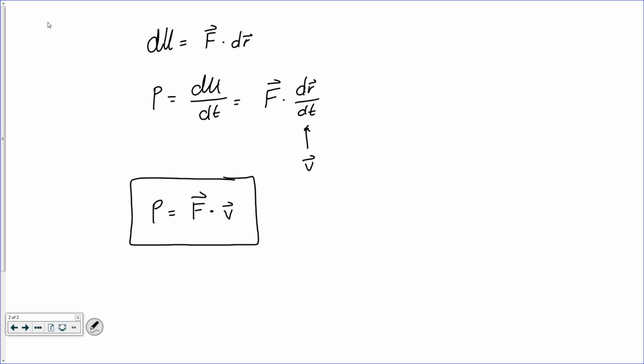So if I know a force vector and I know the velocity vector, then I can dot those two vectors together and I'll get a scalar. Remember, this is called sometimes the scalar product, the dot product. In go two vectors, out comes one scalar. Power is a scalar after all.